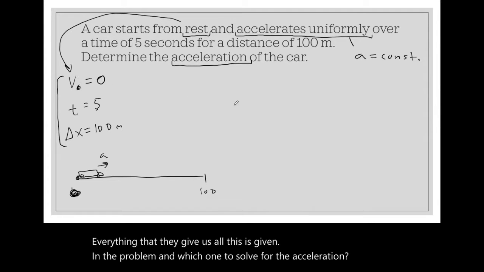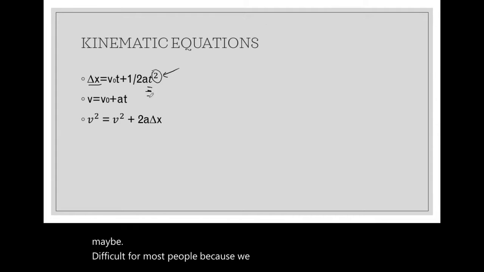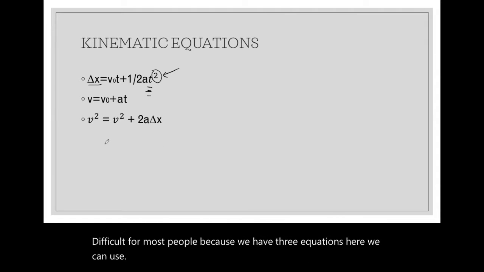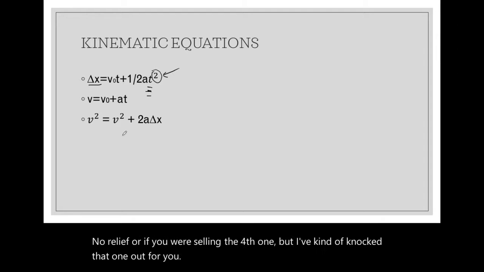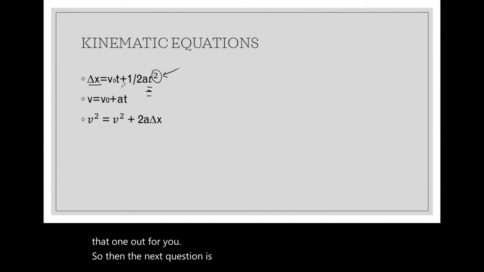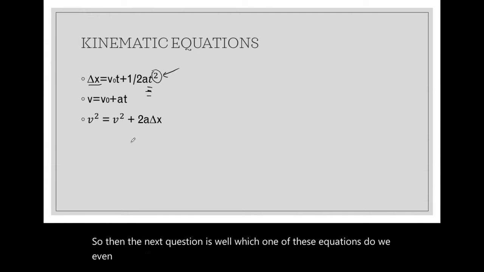So now here's another problem that may be difficult for most people, because we have 3 equations here we can use. Really 4 if you were shown a 4th one, but I've already knocked that one out for you. So the next question is, which one of these equations do we even use?